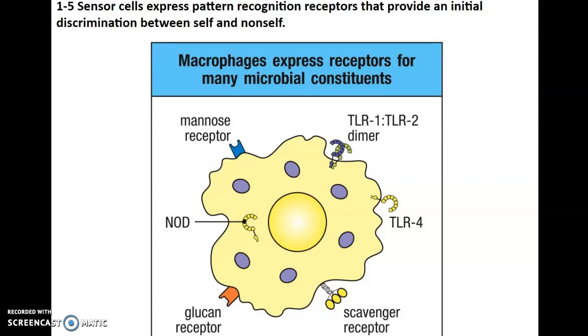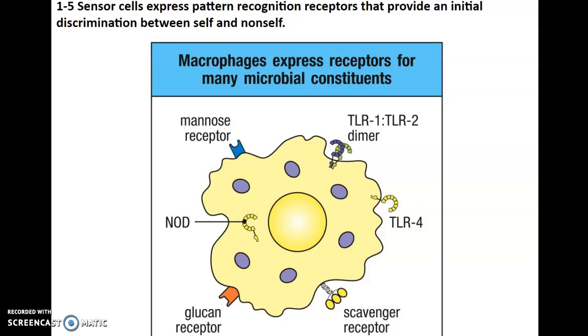But there are other receptors too: immunoglobulin-like receptors and some G protein coupled receptors like the mannose receptor and the glucan receptor, as well as the scavenger receptor, which is associated with complement.